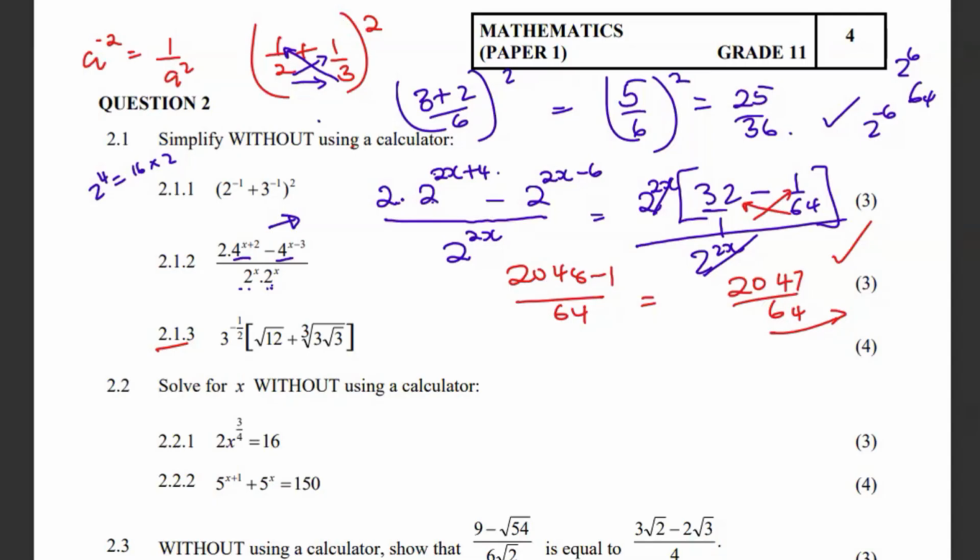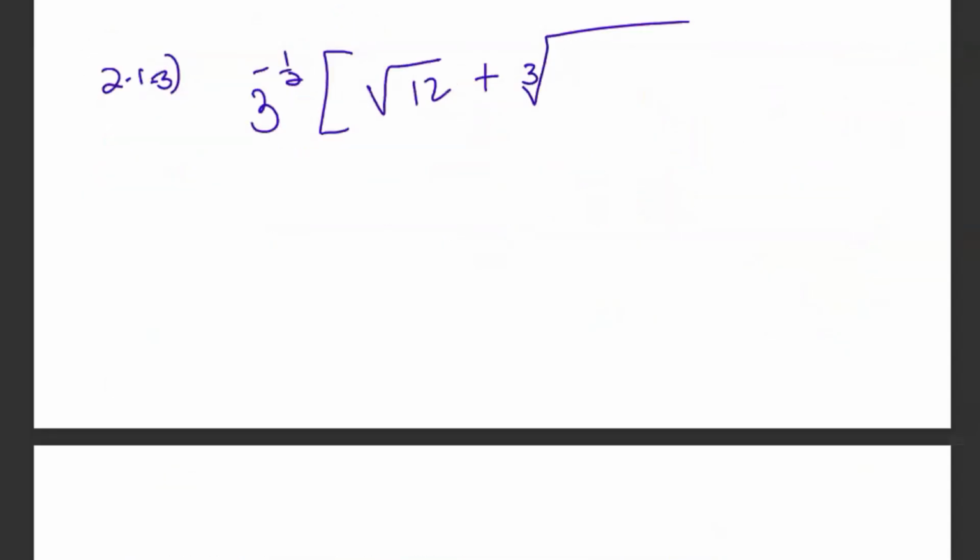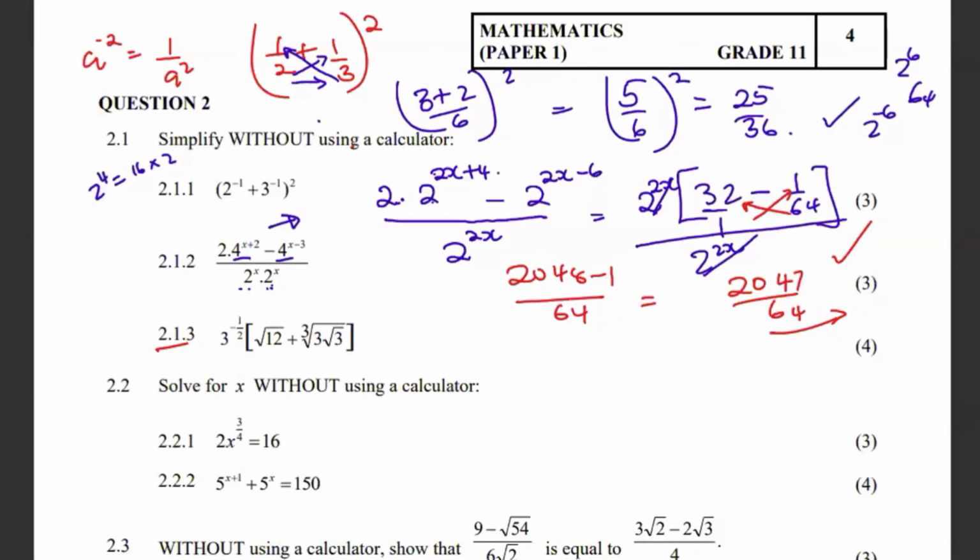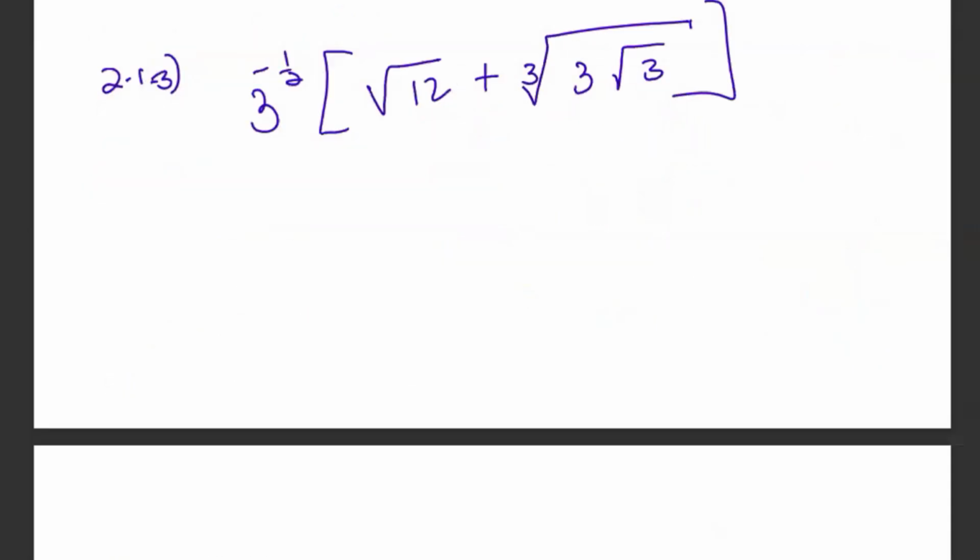I'm lost. Is that a cube root or just a 3? Okay, this one, yes, I agree, it's a cube root, but this one is not, because it's a 3. Okay, let's see how that works.